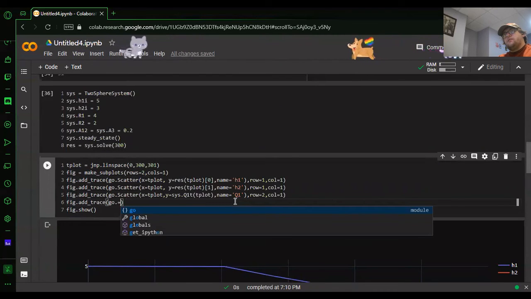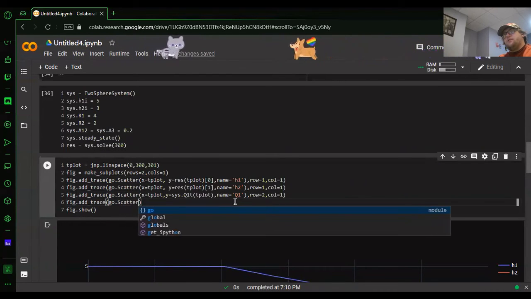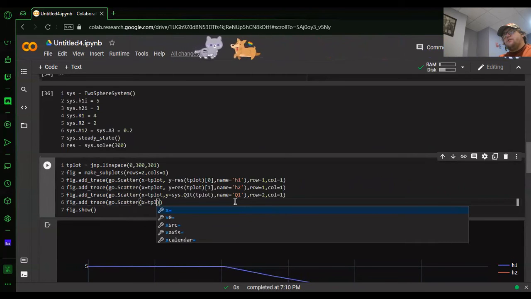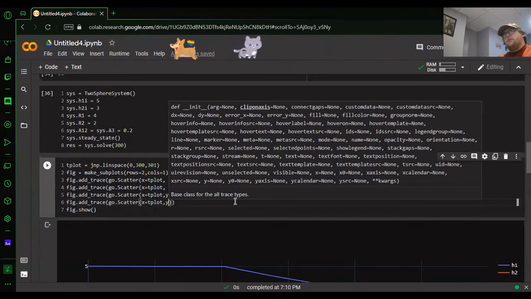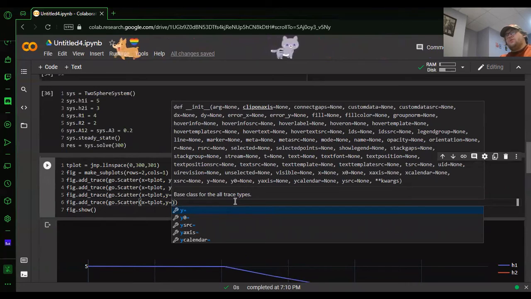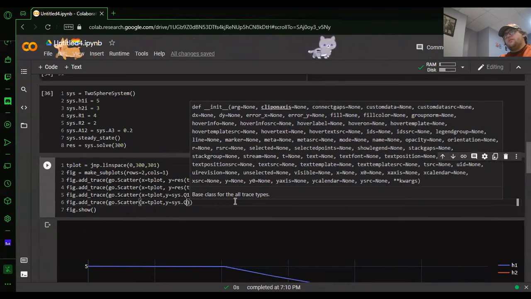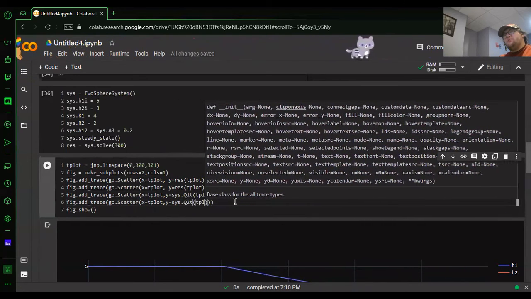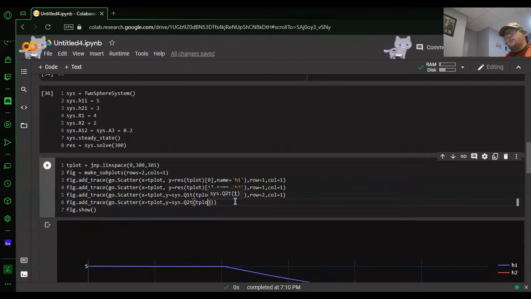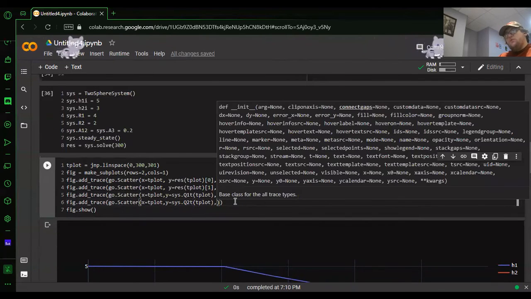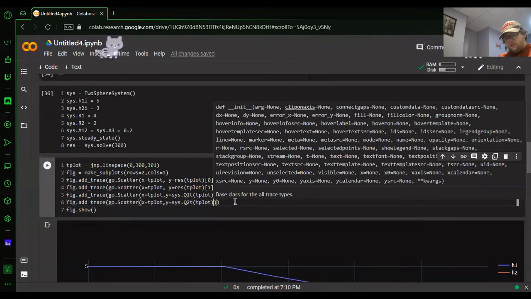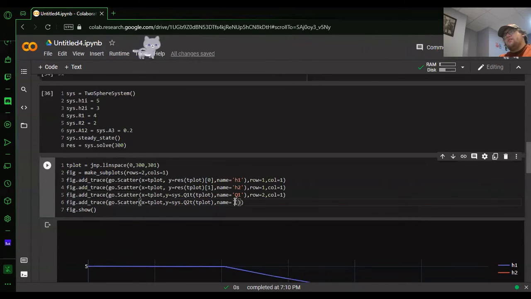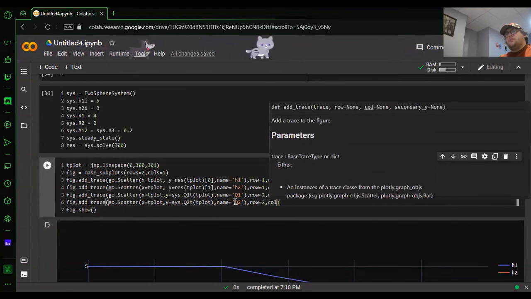Go dot scatter x equals t plot y equals sys dot q2t t plot, and we are going to name this Q2 on row 2, column 1.